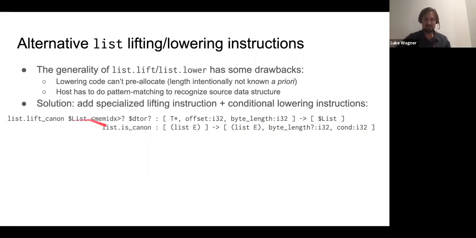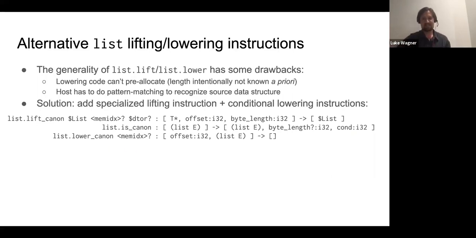And now, given a list, you can test, is it actually canonically lifted? So you get this condition saying, yes, it was lifted canonically. And if it was lifted canonically, here's the byte length. So on the receiving side, you have to ask, does this thing have a canonical representation? And if so, you get the byte length, and then you can call lower canon, which is again only allowed dynamically if this list was canonically lifted.